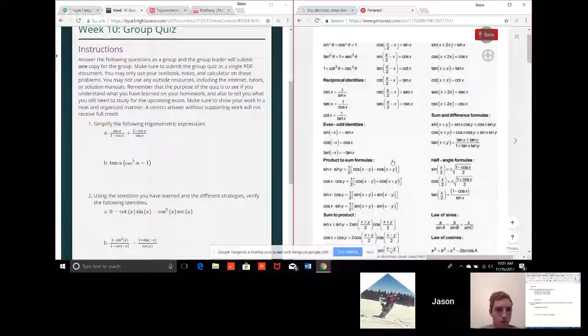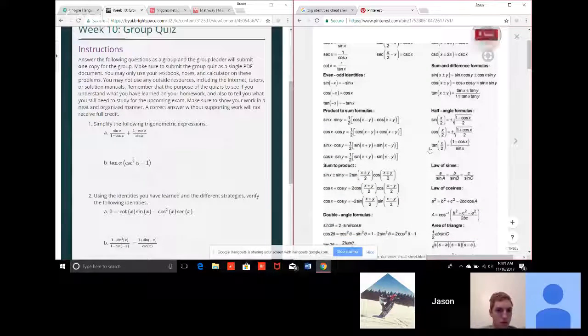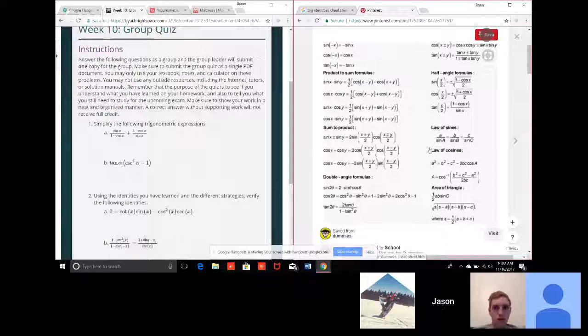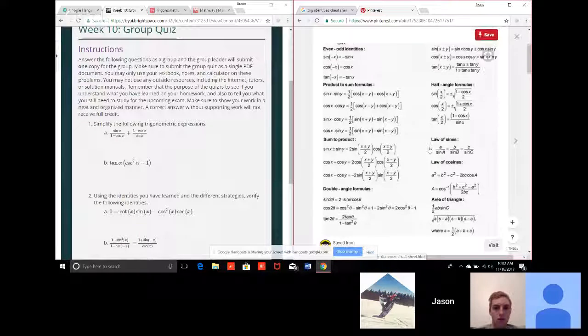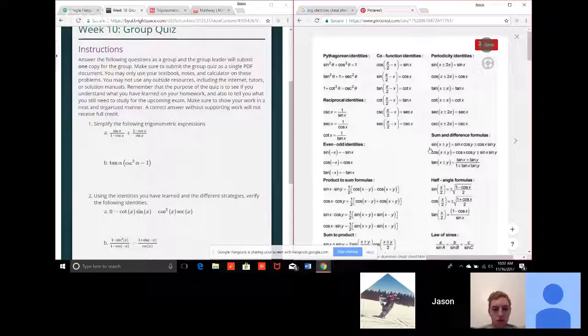So sine x over. You know, I'm looking at an entire chart of these, and none of them have any of these. So I don't understand how to substitute when I don't see what I'm supposed to be substituting.